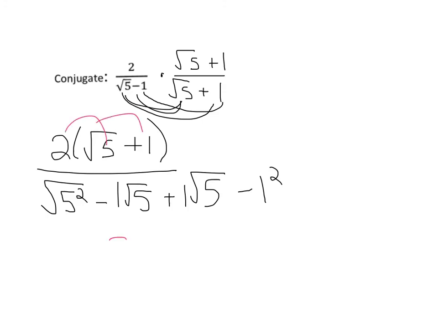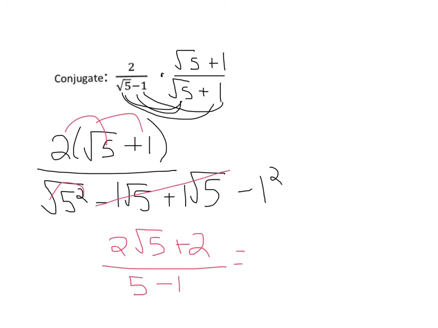So we get 2 square roots of 5 plus 2 on the top, or in the numerator. The square root of 5 squared cancels, and we are left with just a simple 5. My minus square root of 5 and my plus square root of 5 cancel, go down to 0. And then 1 squared is 1, so I would have 5 minus 1 down in the denominator.